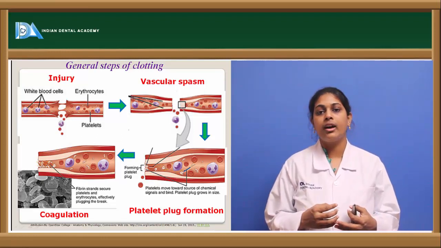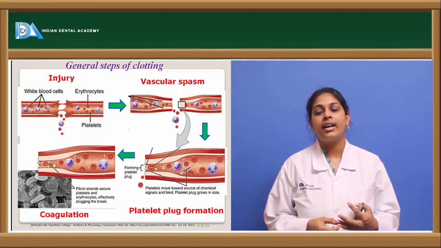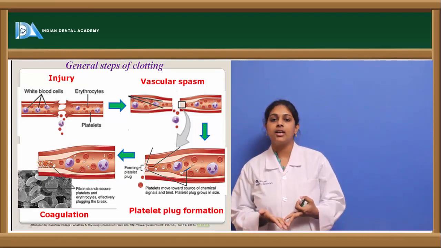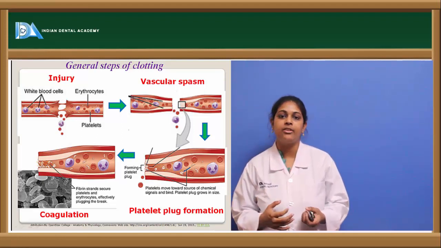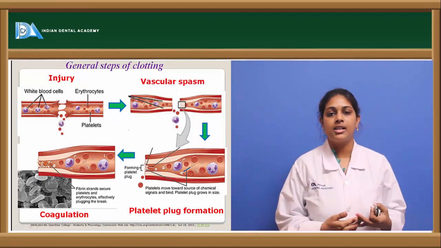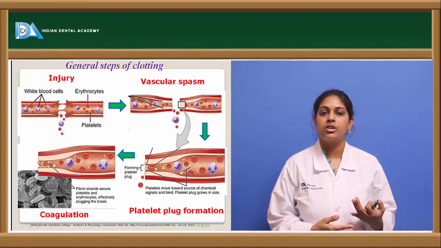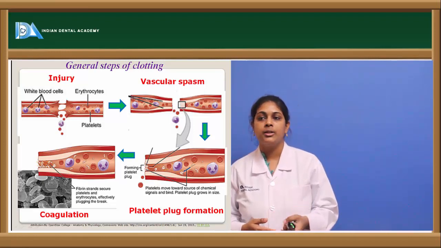they get attached to the approximated edges of the wound, and once attached, the platelets are activated and release certain factors present in their granules. This is followed by white blood cells, particularly neutrophils, depending on the type of injury. In acute injury it is the neutrophils, whereas in chronic injury it is the macrophages.